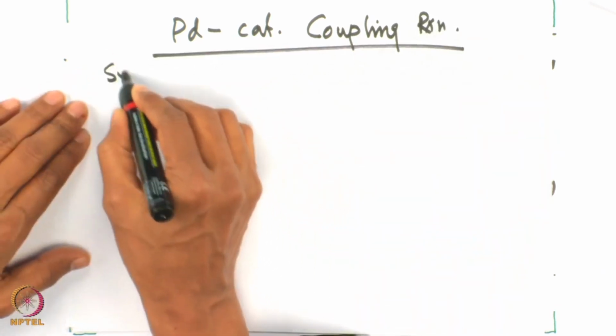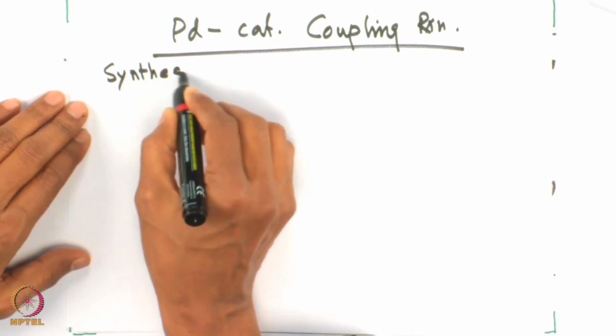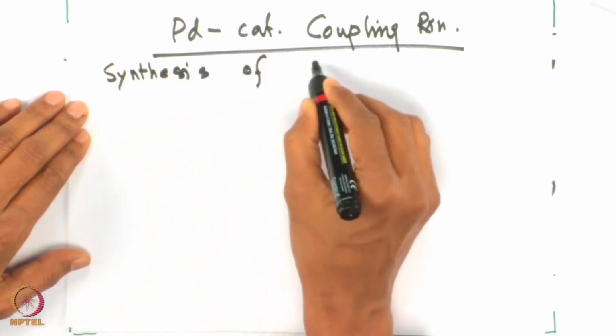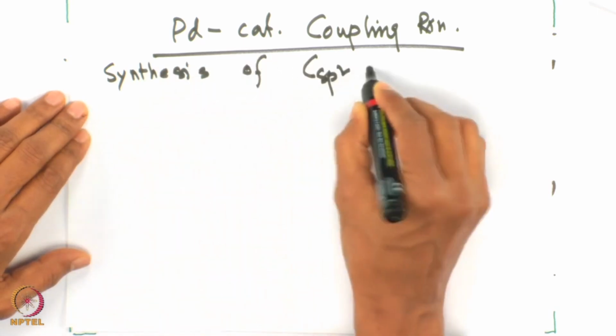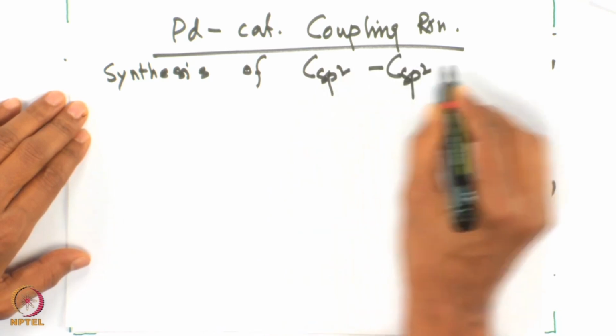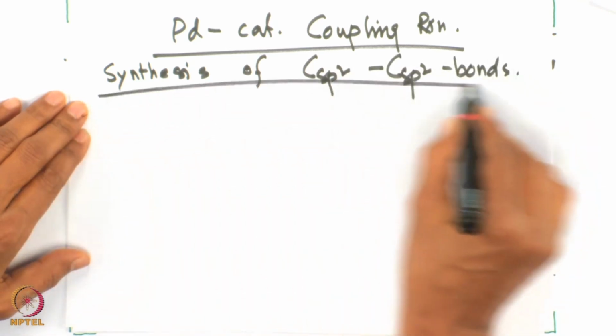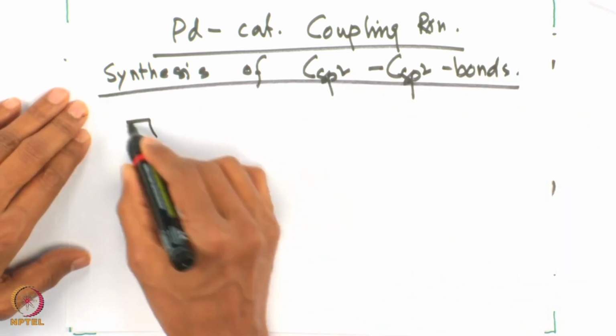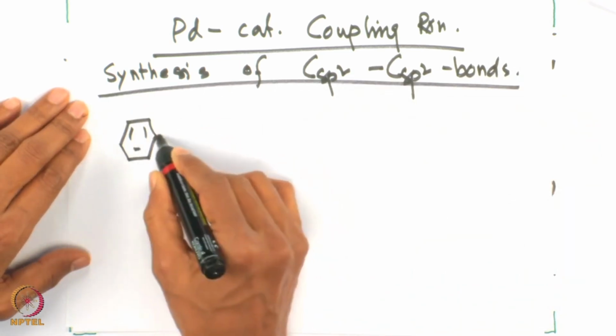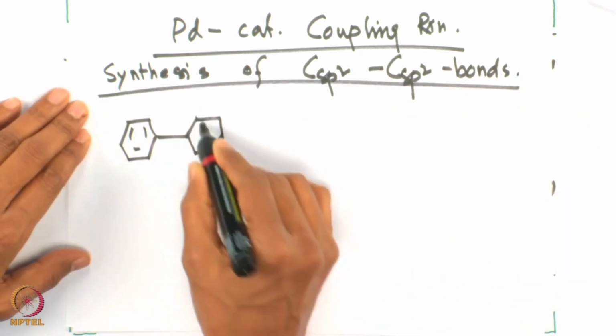Okay. So, most importantly, synthesis of C sp2 bonds, right. Well, let us try to think about forming a biphenyl ring.